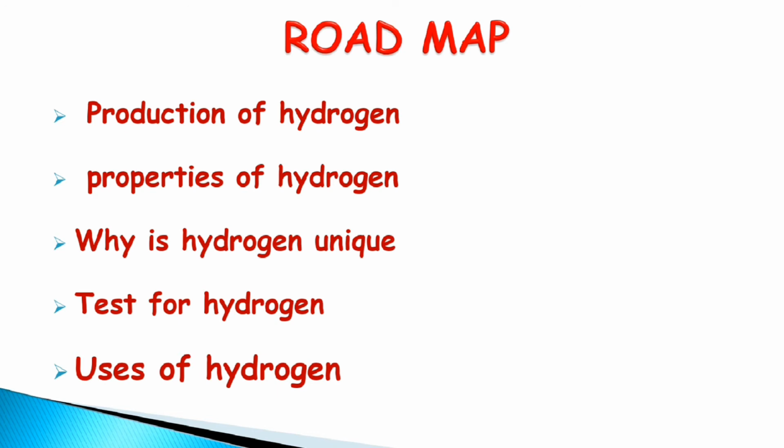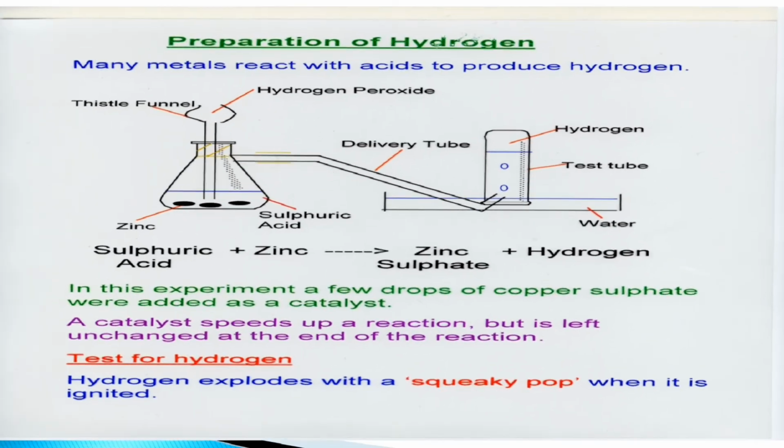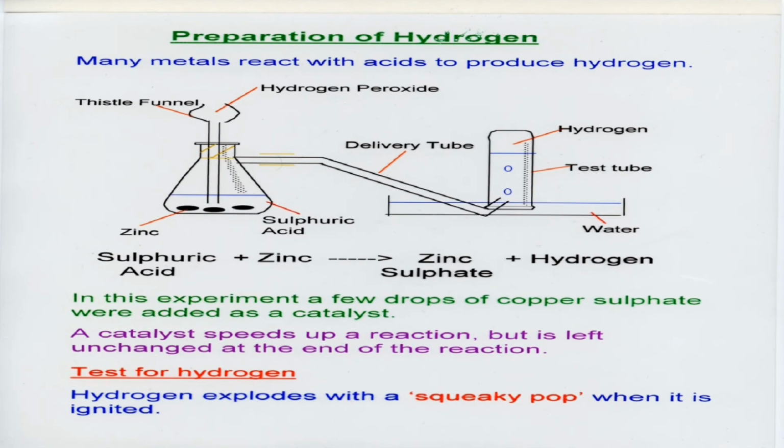Now when we deal with the production and preparation of hydrogen, we see that metals react with acid to produce hydrogen. The metal reacts with the acid to produce hydrogen.